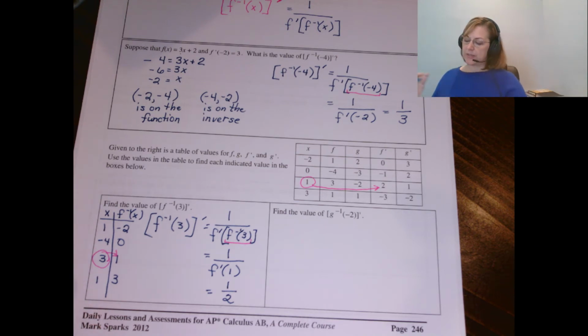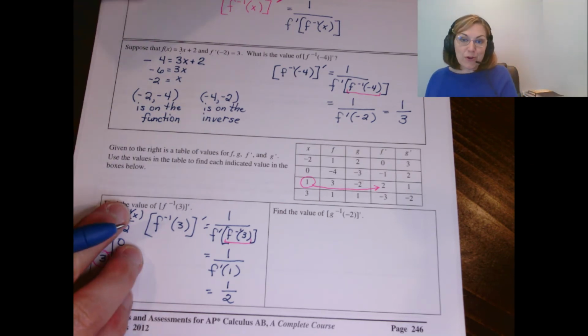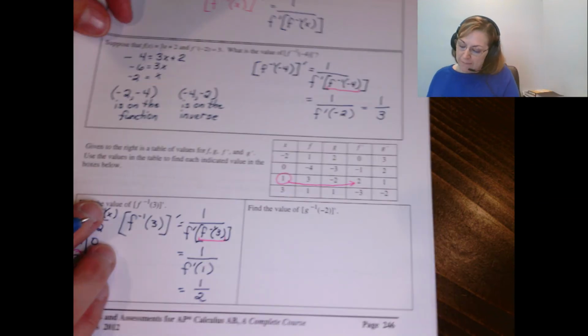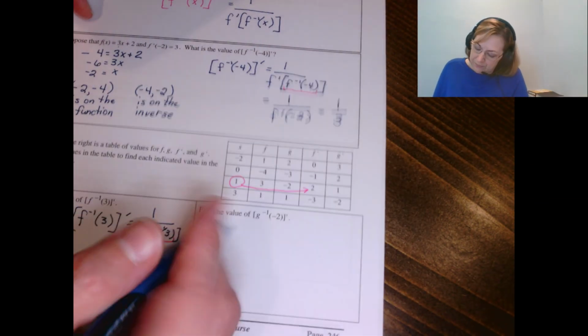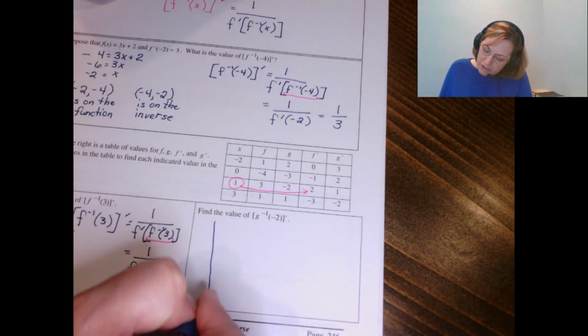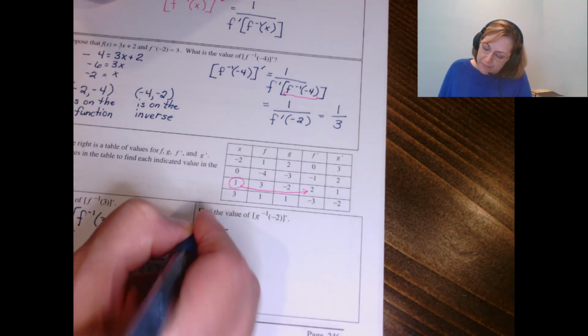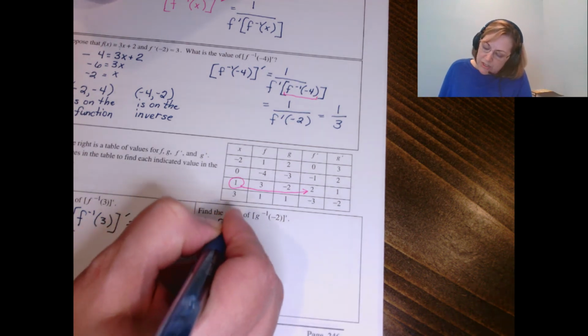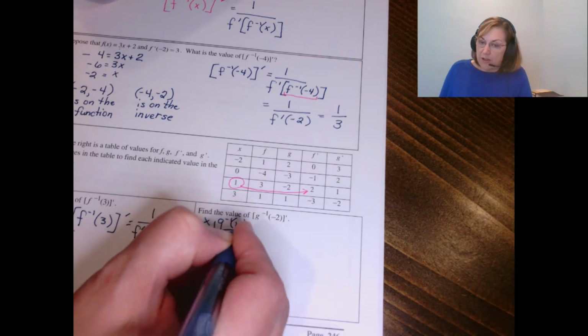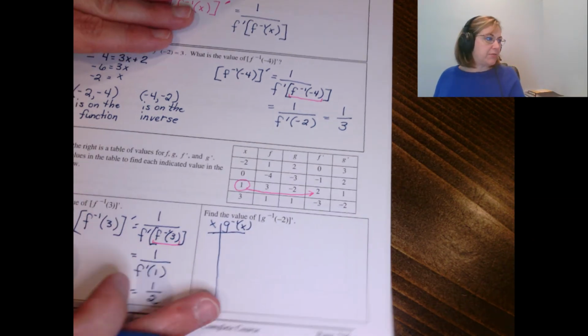Okay, let's do the same thing for the next one. I think it's a value to go ahead and make the chart for the inverse of g. That's what I do. So I'm going to make a chart for the inverse of g. Again, I am switching the x values and the g of x values.